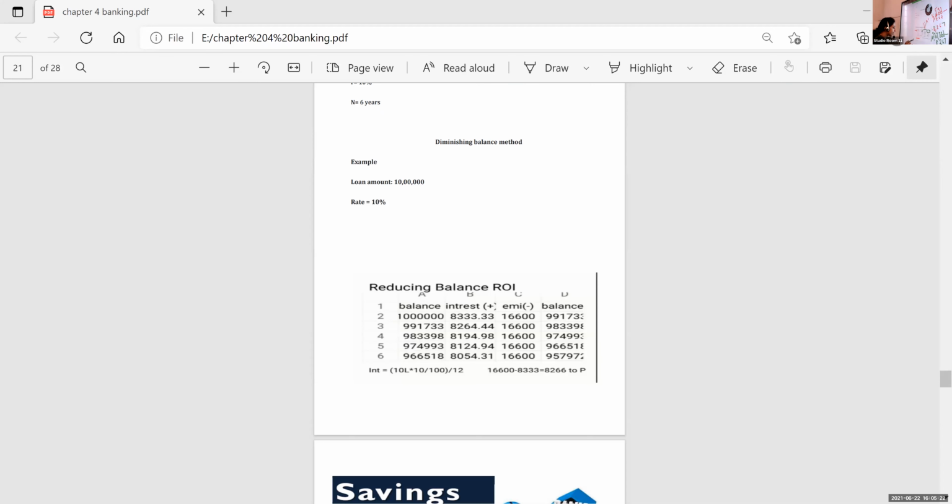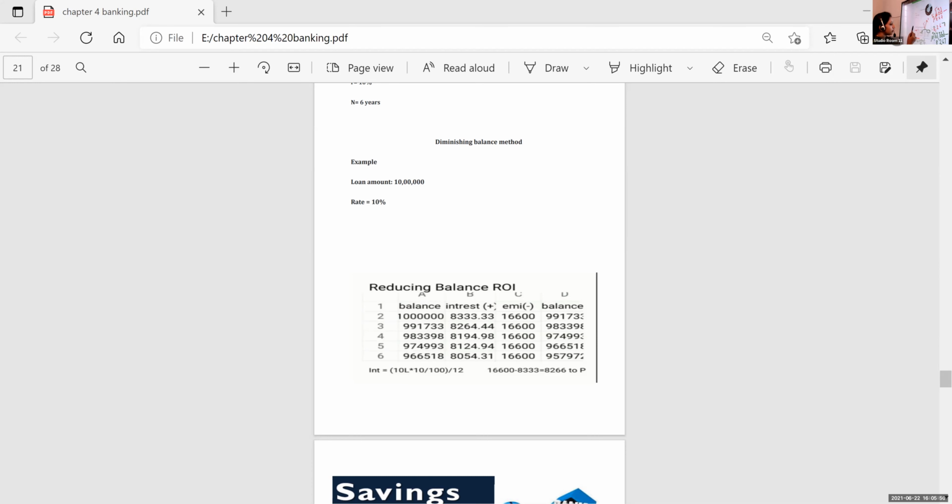Now 9,91,733 into 10 by 100 into 1 by 12 will give you the interest 8,264. EMI is constant, the same every month, an equal amount is paid as EMI. Again next month, this 16,600 includes interest as well as principal.